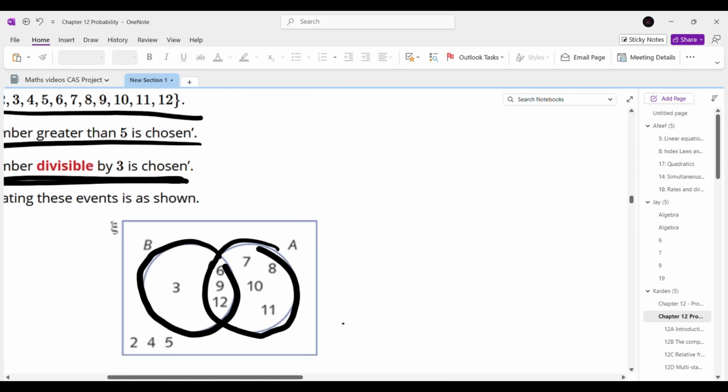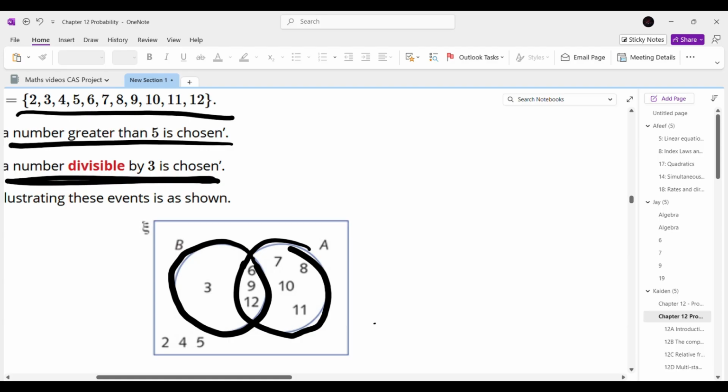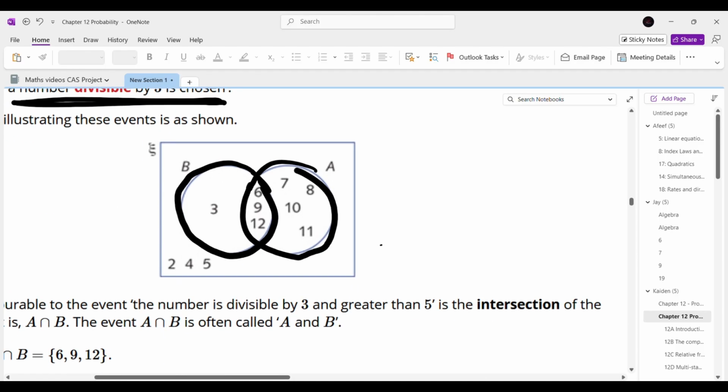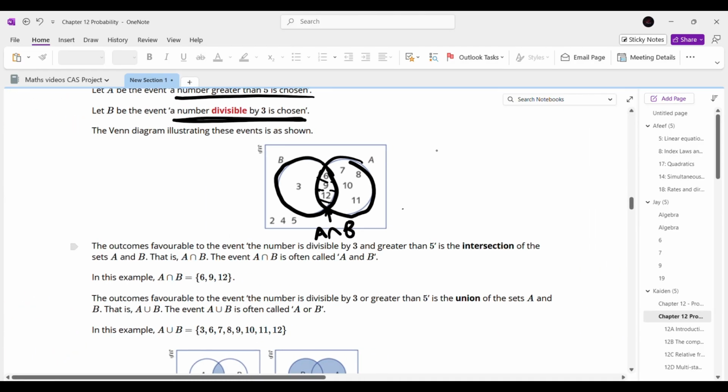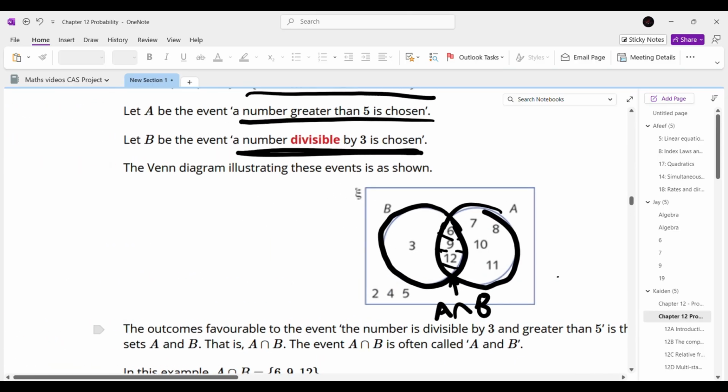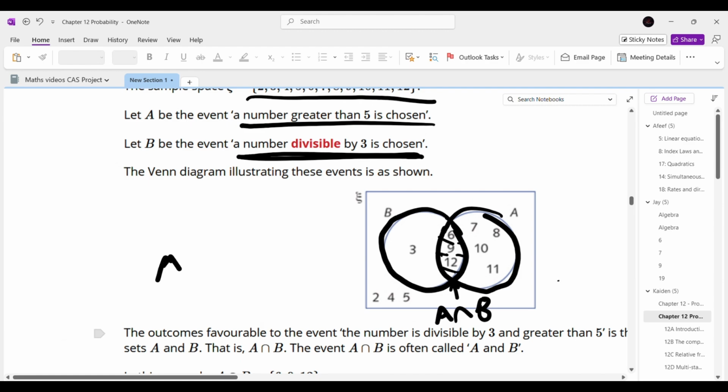As you can see here, the numbers in this central part satisfy both of these conditions, so we put them in this intersection, also known as A and B. It can be written like this, because these values satisfy both of the conditions of A and B. So we write this as A and B equals 6, 9, and 12.